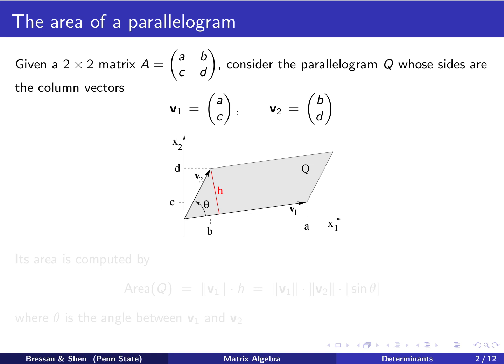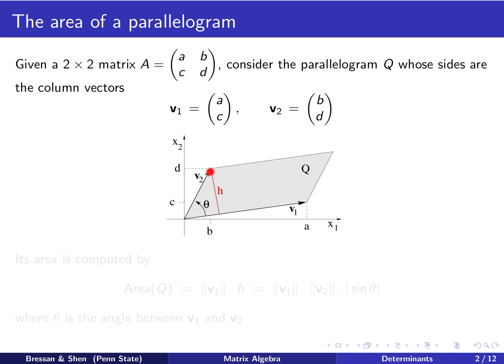And then consider the parallelogram Q, which is formed by those two vectors in the following sense. So look at the graph here. Let's say this is the vector V1, and this is the vector V2, and there is an angle between them. And then I will form a parallelogram.